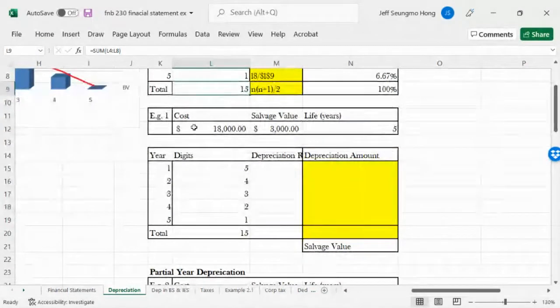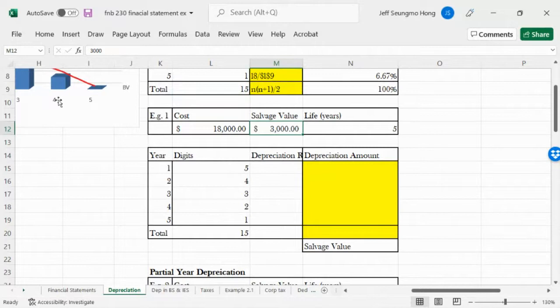So our example is the purchase cost of this asset is $18,000. Service life 5 years. And let's say salvage value is 300.